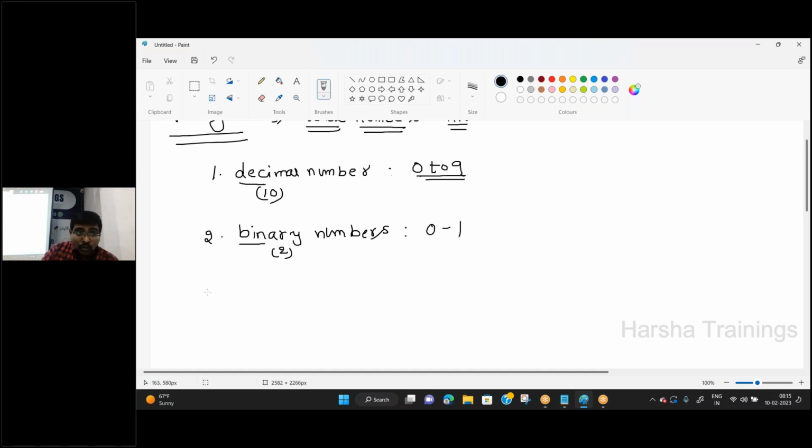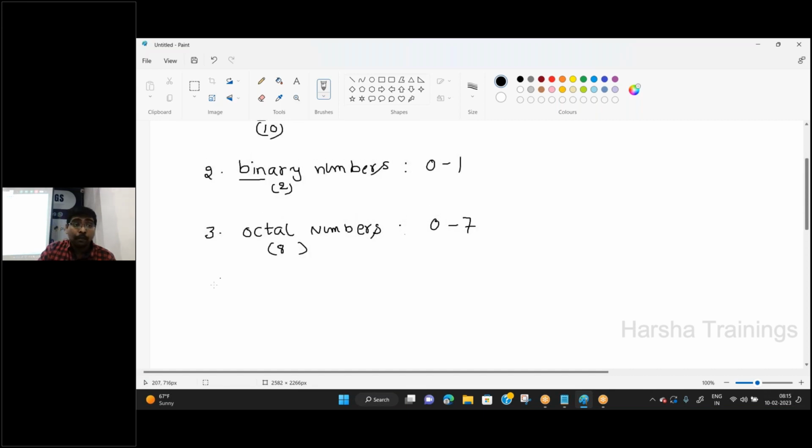Now, my next one is octal numbers. Oct means 8. What are the possible values? 0 to 7, total 8 numbers. My final point is hexadecimal.